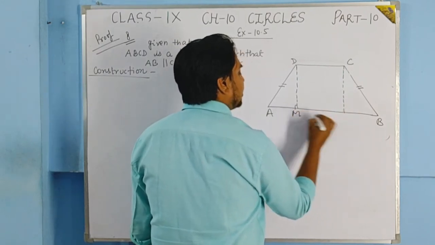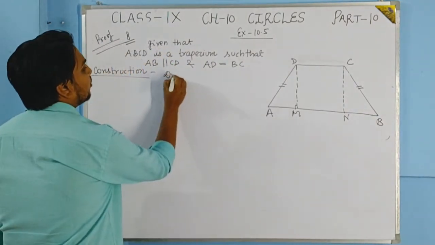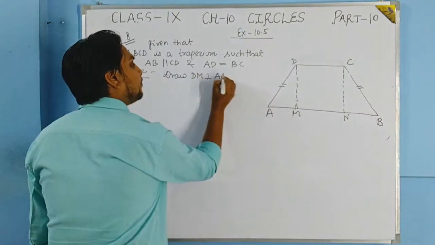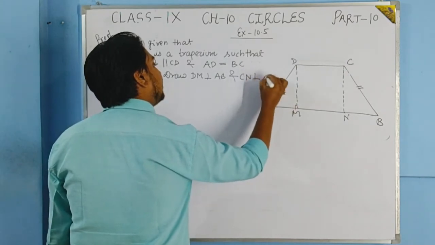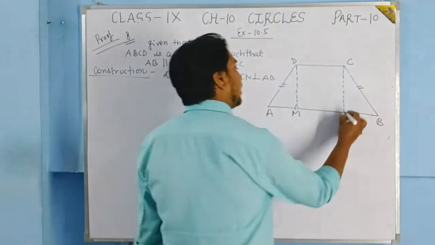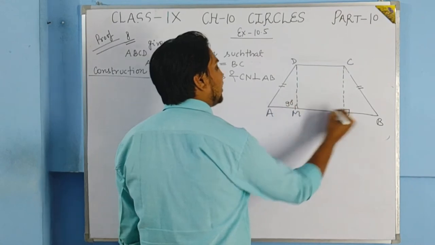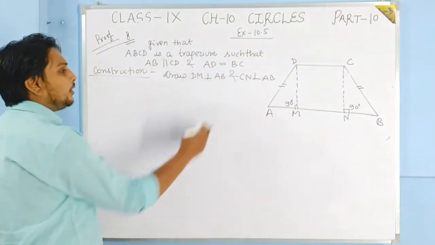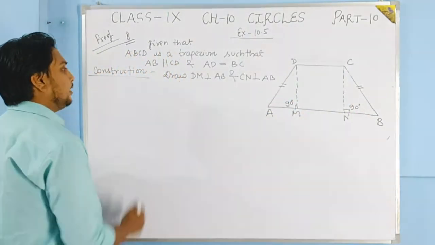Suppose they meet AB at M and N. So we have drawn DM perpendicular to AB and CN perpendicular to AB. Students, you know very well that if they are perpendiculars, the angles will be 90 degrees. So angle DMA will be 90 degrees and angle CNB will also be 90 degrees.